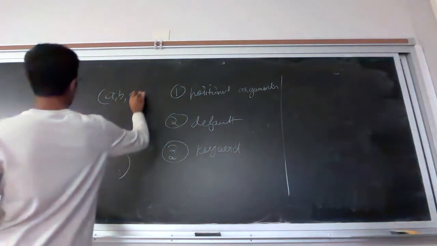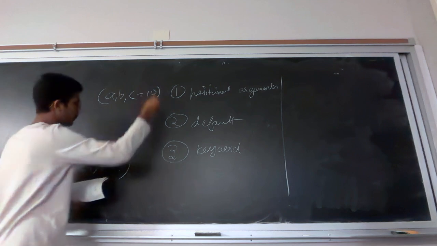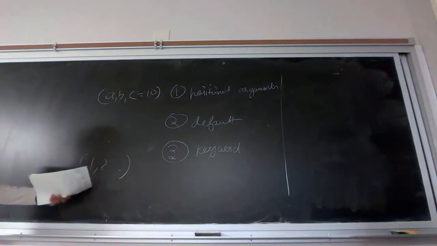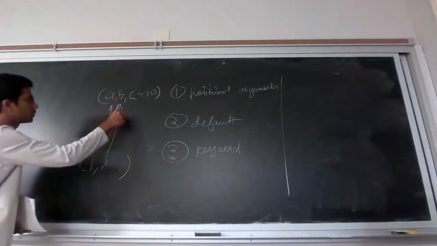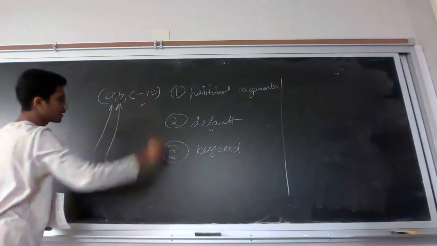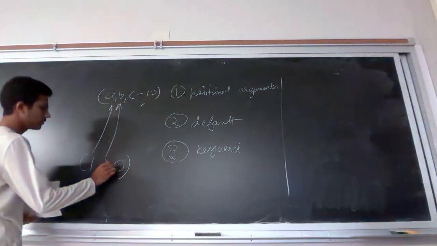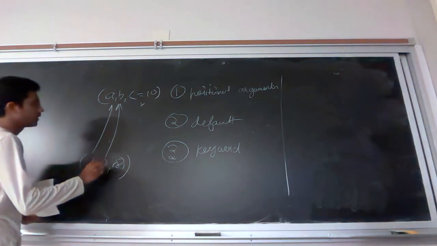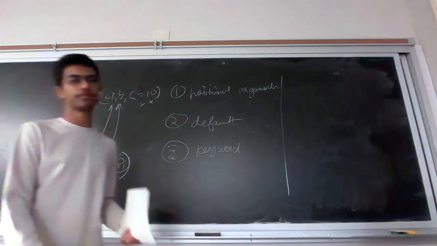So let's say I have a, b, c equal to 10. And if I give only 1, 2, what happens is 1 is sent to a, 2 is sent to b, and nothing is being sent to c. So the value of c is taken as 10. Now, if I was to give some other value, let's say 8, then it will take this new value and not consider the default one.